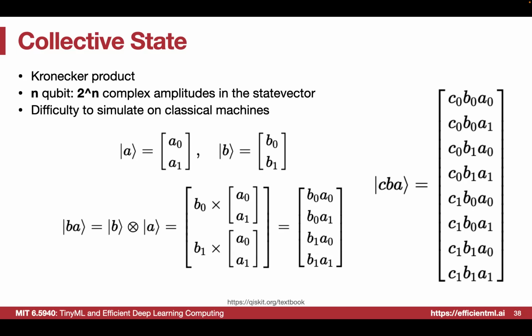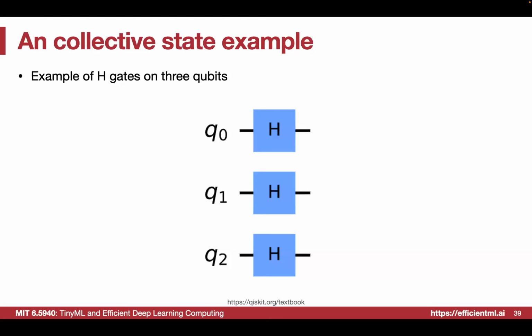And then we can obtain B0 A0 all the way to B1 A1. And say if we have 3 qubits, the length of the system will be 8, because we have 2 to the power of 3 in terms of the information vector length.